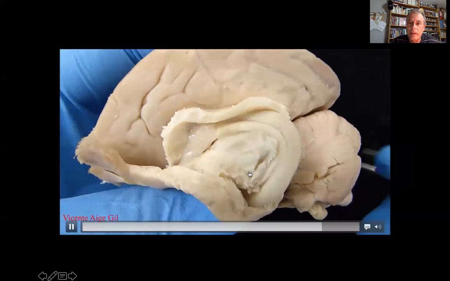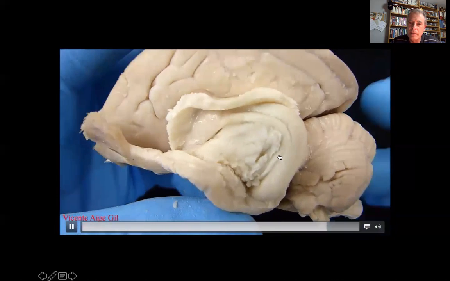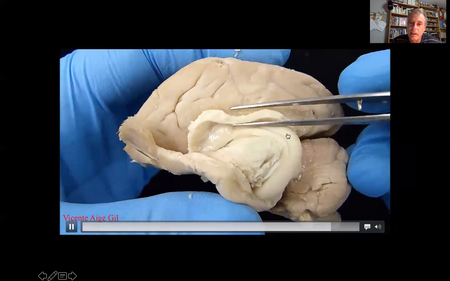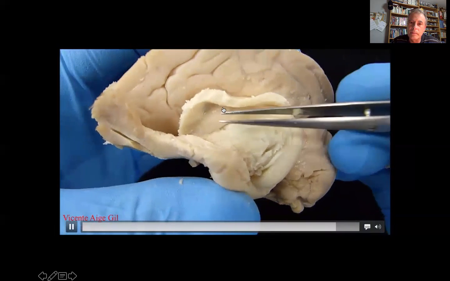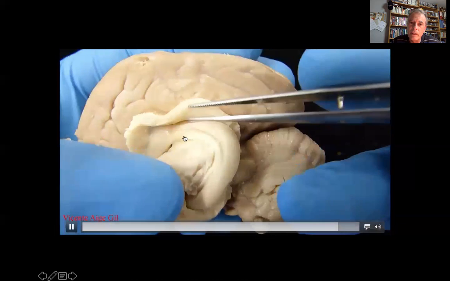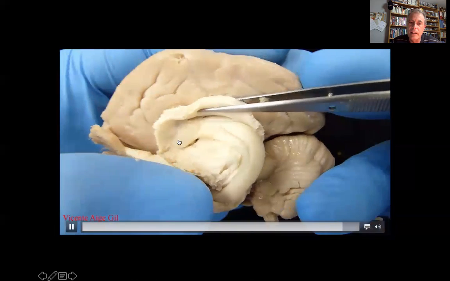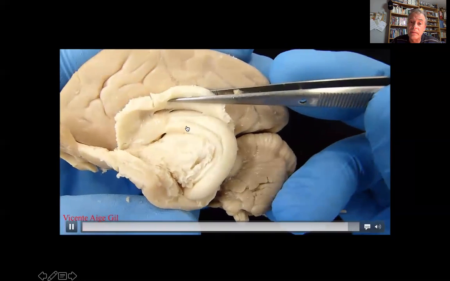So now we identify the fornix. This is the fornix, the corpus callosum, and underneath here we have the telencephalic septum with the pellucid and cellular portions. Telencephalic septum, you see how it is closely related with the fornix.